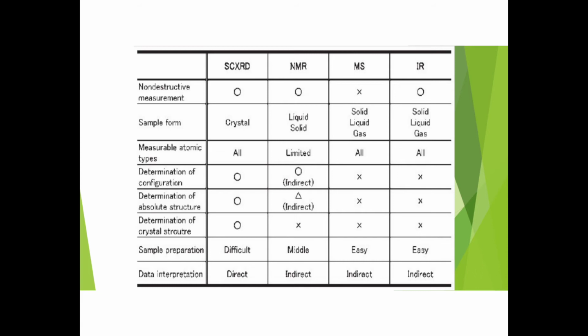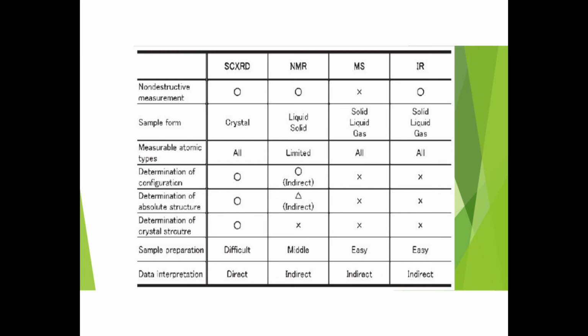Determination of the absolute structures can also occur by single crystal XRD and NMR, but the determination of crystal structures is only done by using the single crystal X-ray diffraction technique. As far as sample preparation is concerned, it is difficult in the case of single crystal XRD, intermediate in nuclear magnetic resonance, and much easier in the case of mass spectrometry and infrared spectroscopy.